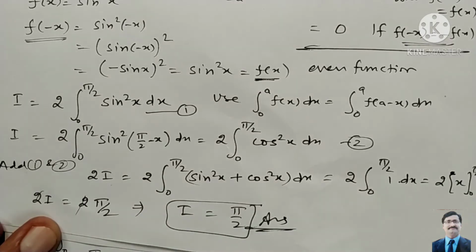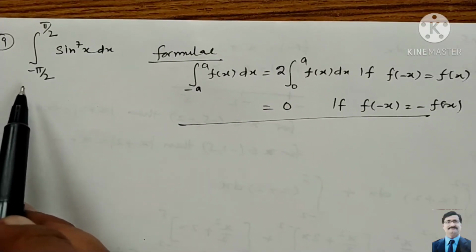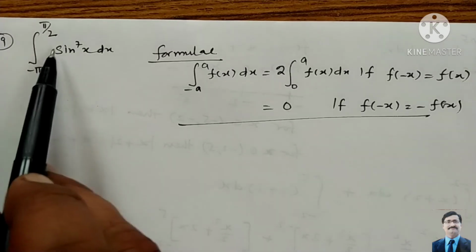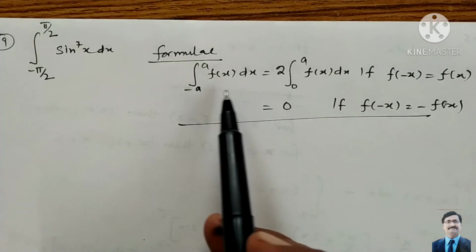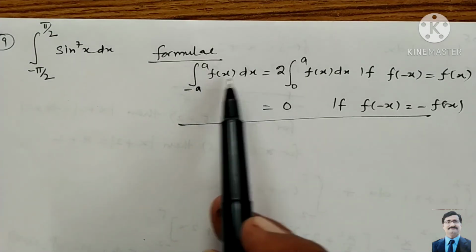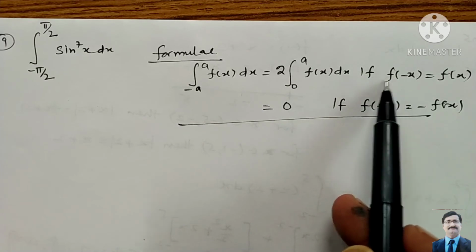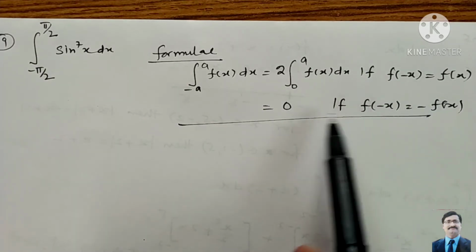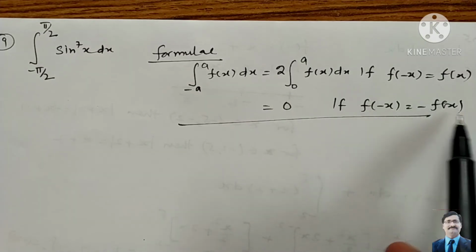Look here, one more question we do the same way: the integral from −π/2 to π/2 of sin⁷x dx. Here we use the same formula: the integral from −a to a of f(x) dx equals double the integral from 0 to a of f(x) dx if f(−x) equals f(x), but it will be 0 if f(−x) equals −f(x).